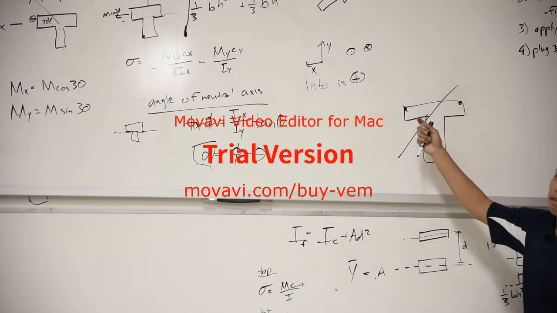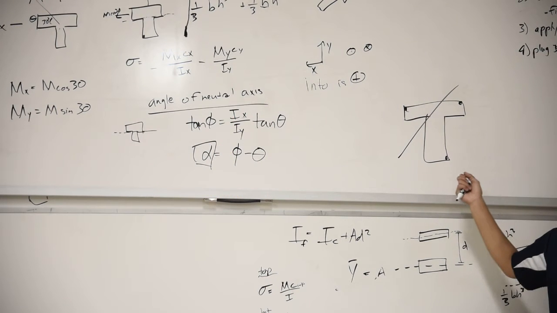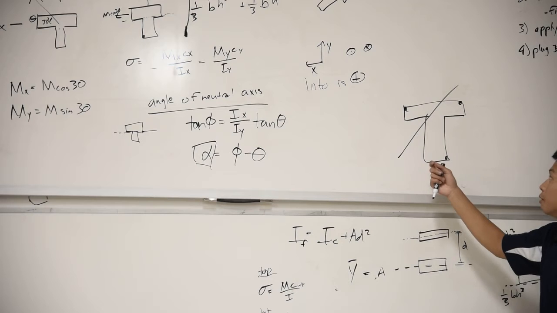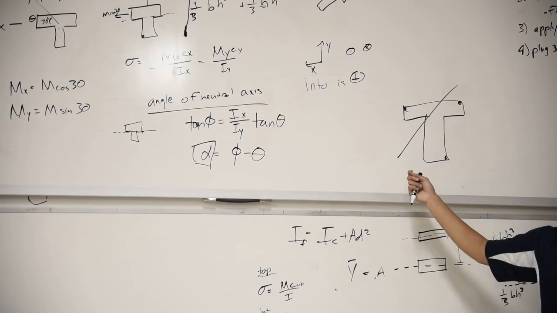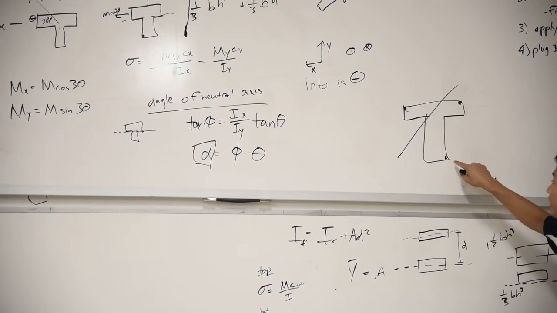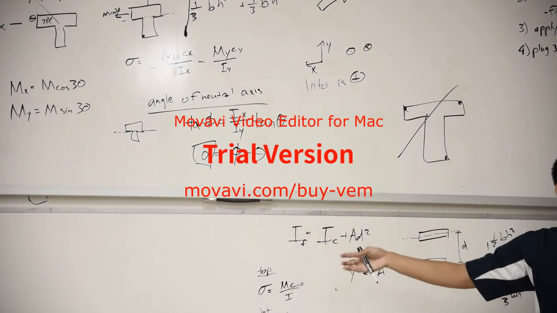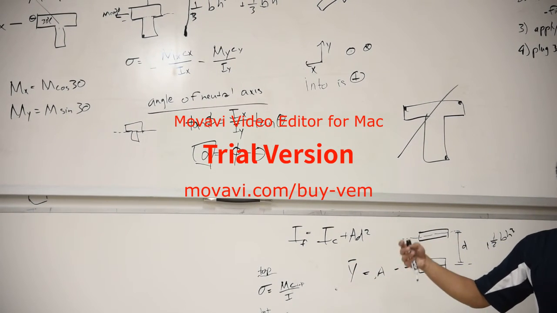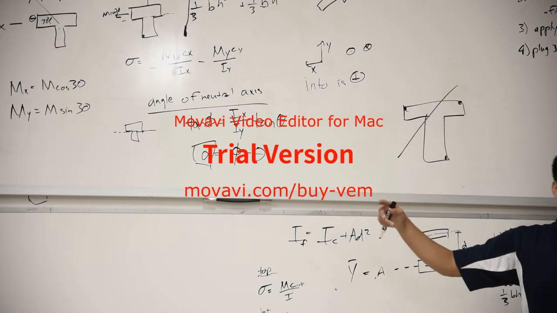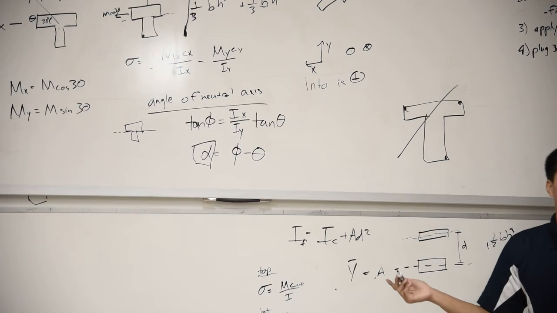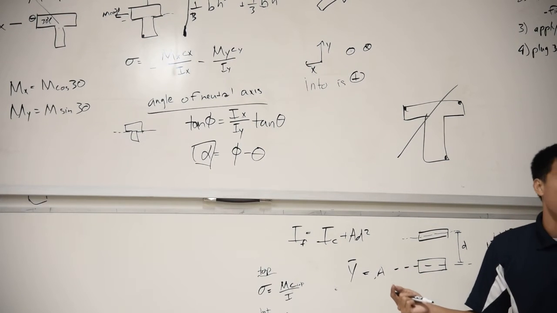One, you solve the stress for all 3 of them, and then you pick the maximum one. 2, you draw a very, very clear picture showing that this point is furthest from the axis. Okay, whichever point is furthest from the axis has the most stress. Just like, you know, all the C's I've been telling you. If you're finding tau max or sigma max, the C is going to be furthest away from the axis.